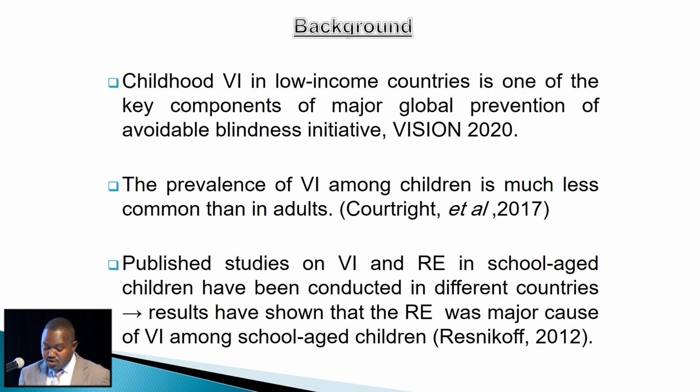Many studies on visual impairment and refractive error indicate that childhood visual impairment is a major global problem, and some studies indicate that uncorrected refractive error is the leading cause of visual impairment globally.